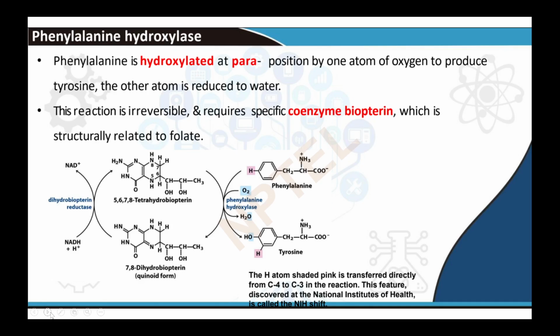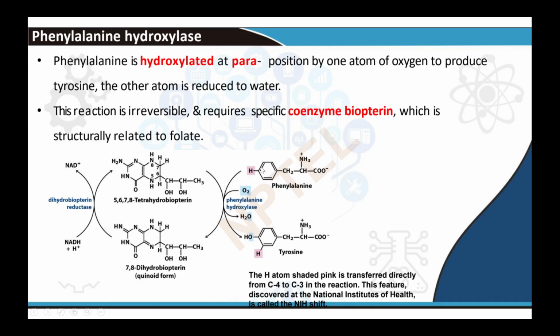Phenylalanine is hydroxylated at the para position, as I've already mentioned, by one atom of oxygen to produce tyrosine, and the other atom is reduced to water. The molecule of oxygen, O2, has two oxygen atoms, right? One oxygen is coming at the para position.